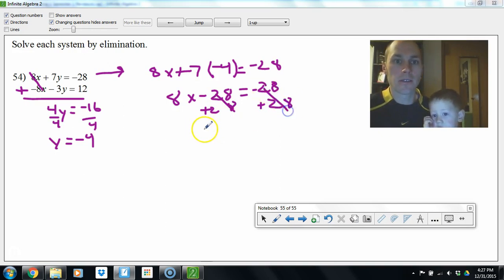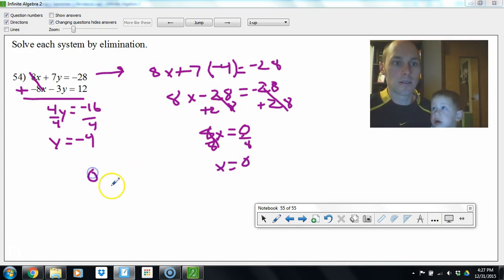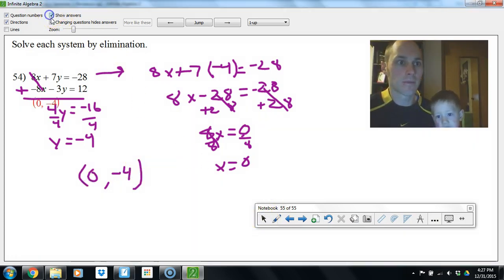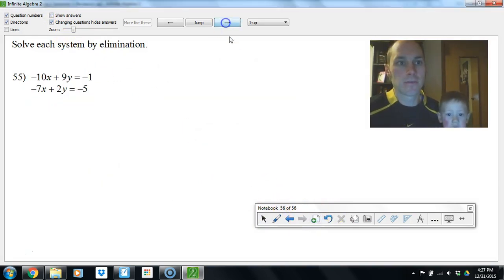That cancels out over here, so 8x equals nothing. And if I divide by 8, I get x equals nothing as well. So 0, and my y is negative 4. And yes. Okay, next one.